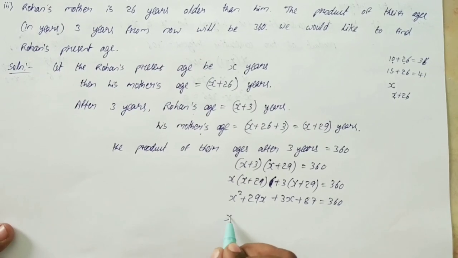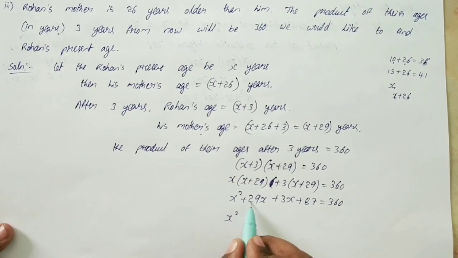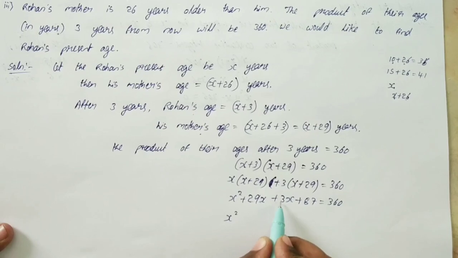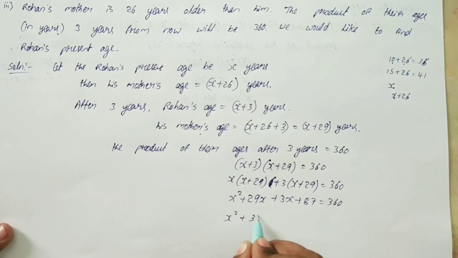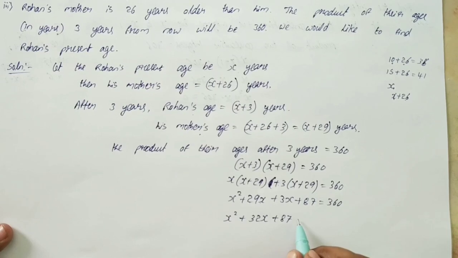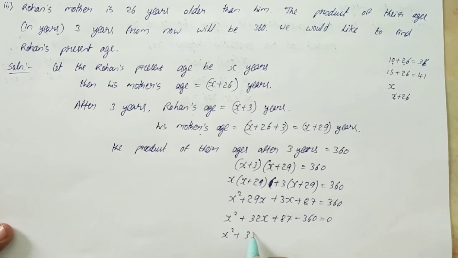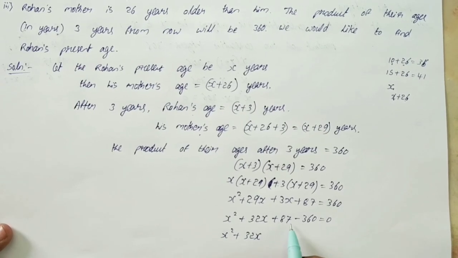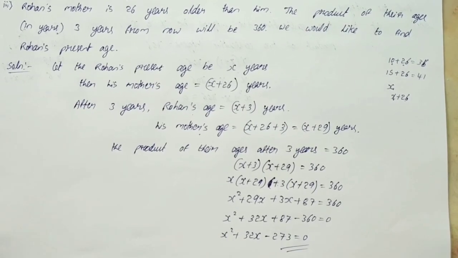So x square plus 29x plus 3x becomes x square plus 32x plus 87. If I take 360 to the LHS, it becomes minus 360 equal to 0. Now x square plus 32x plus 87 minus 360, that is minus 273, is equal to 0. This is our quadratic equation.